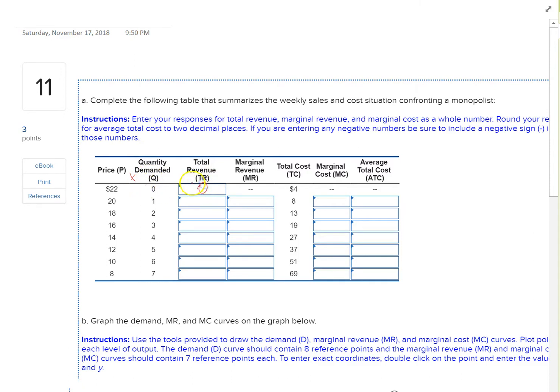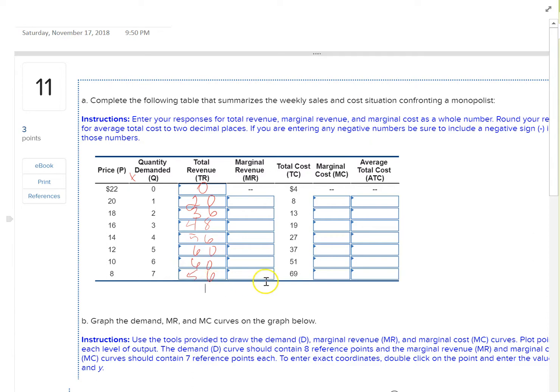So 22 times 0, 20 times 1, 18 times 2, 16 times 3, 48, 14 times 4, 56, 12 times 5, 60, 60, and 56. Okay, so those calculations, really simple.